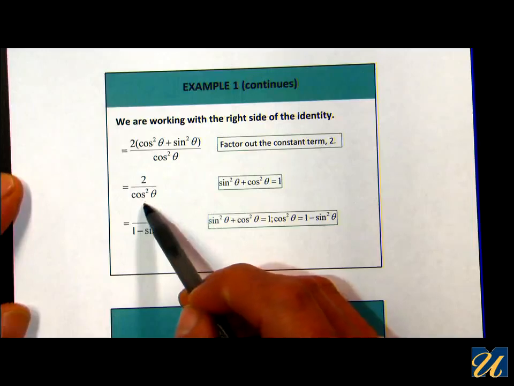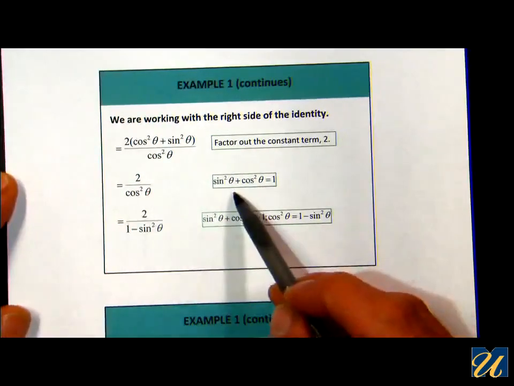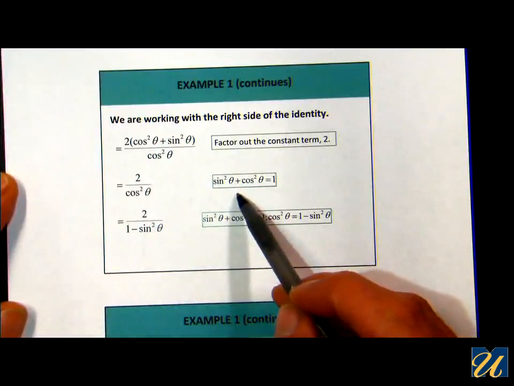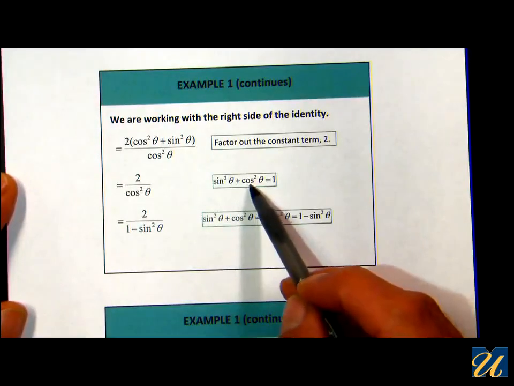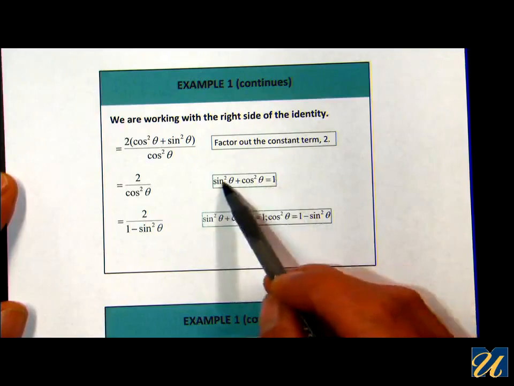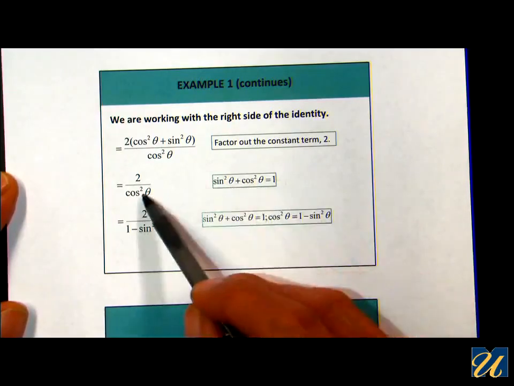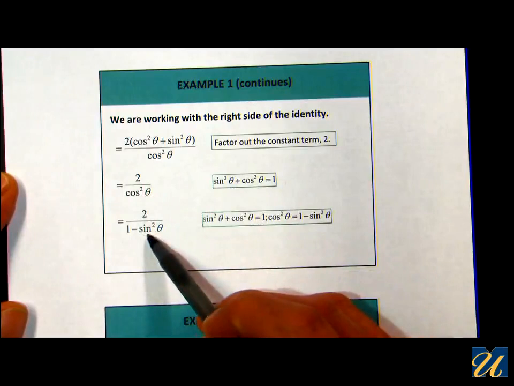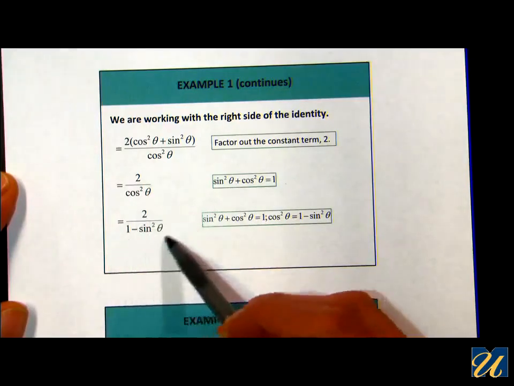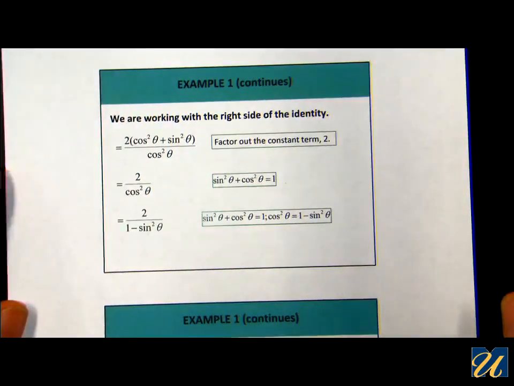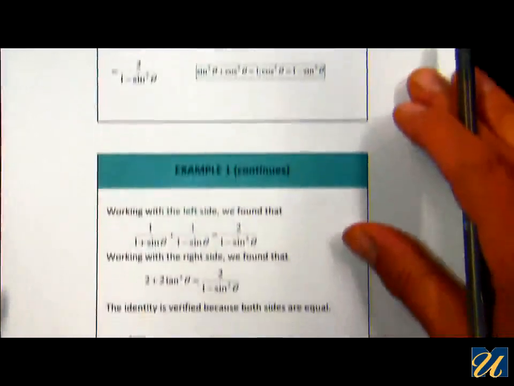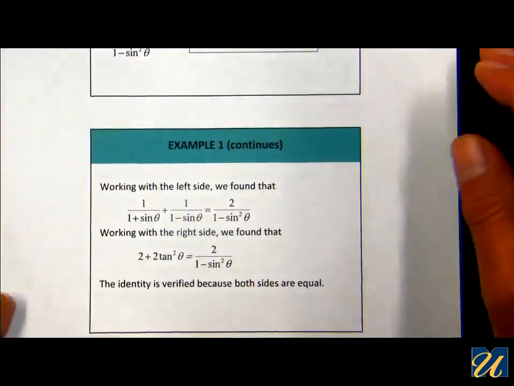Well, that's not what we had on the other side. But by the Pythagorean identity, sine square plus cosine square is 1. As I showed you, solve for cosine square and you get 1 minus sine square. Replace this, 1 minus sine squared. This is what we ended up with by manipulating the left side. And that's what is being stated here on the last slide.